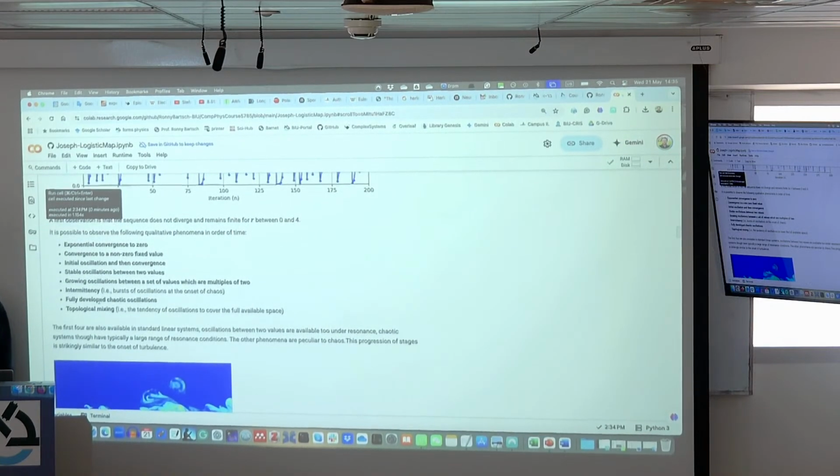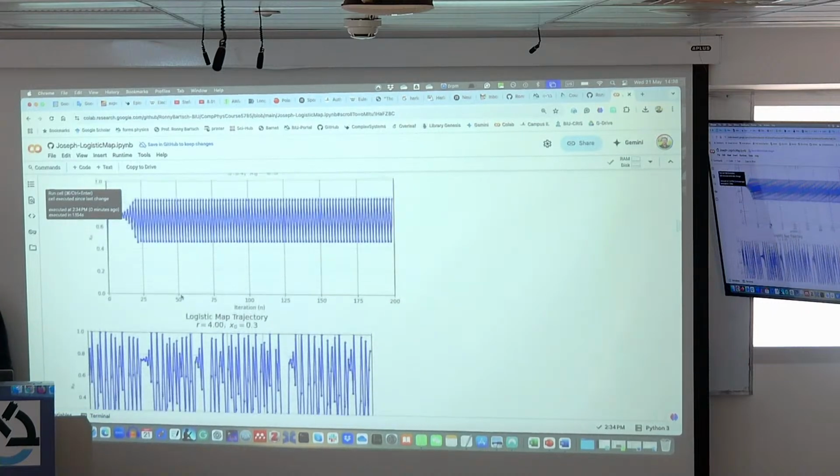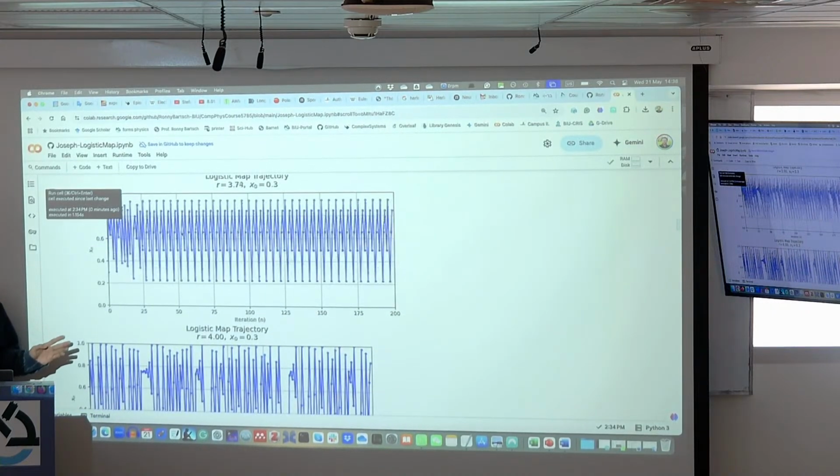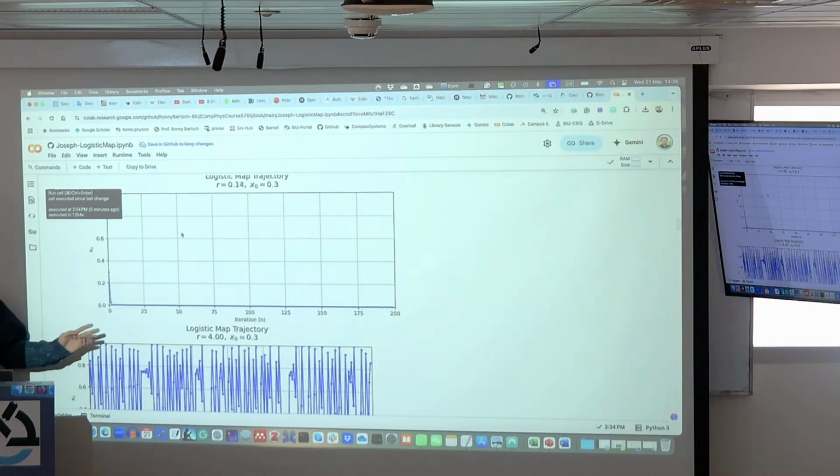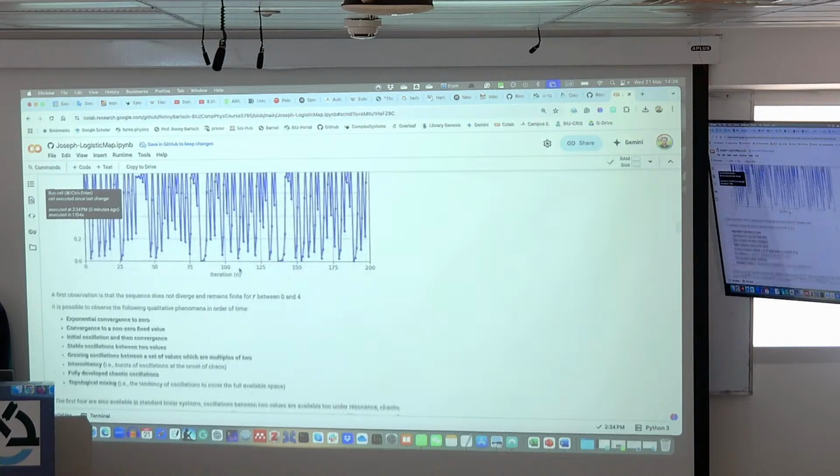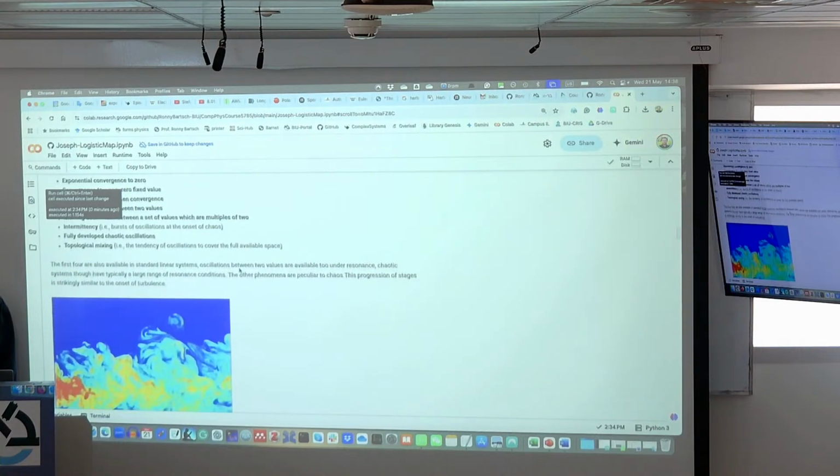Then fully developed chaotic oscillations. Then the topological mixing. That is to say, you may get chaos, but at some point you will get a stable point. Well, I will explain it carefully.